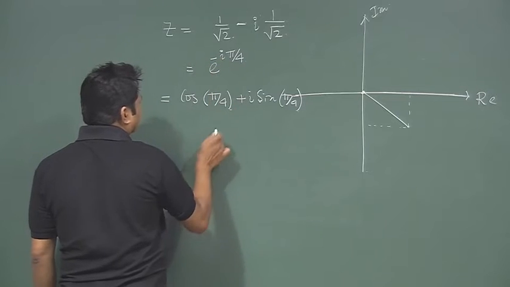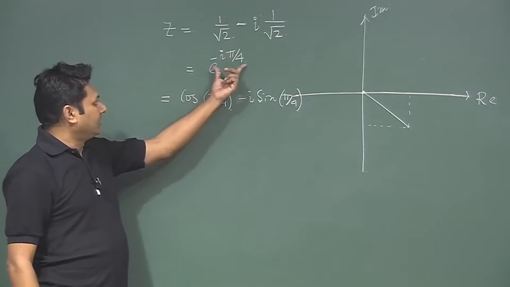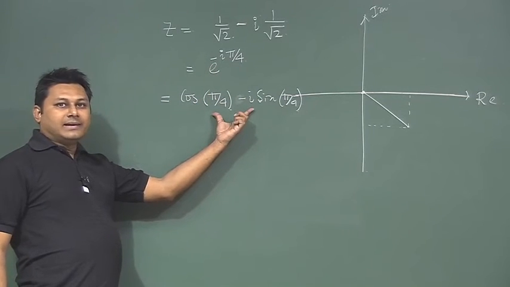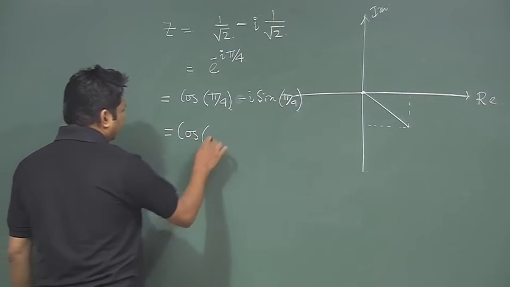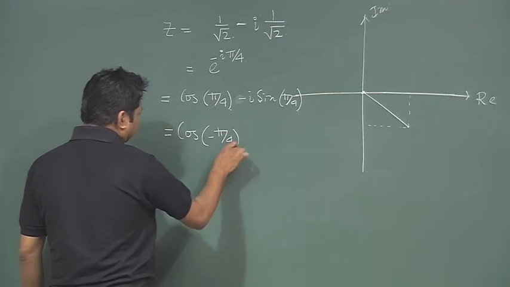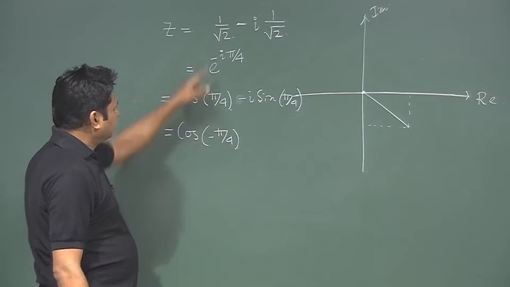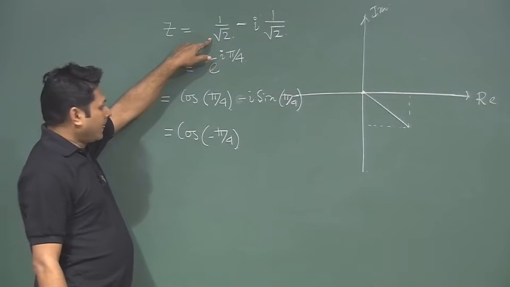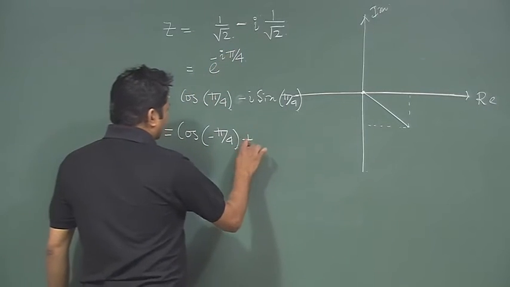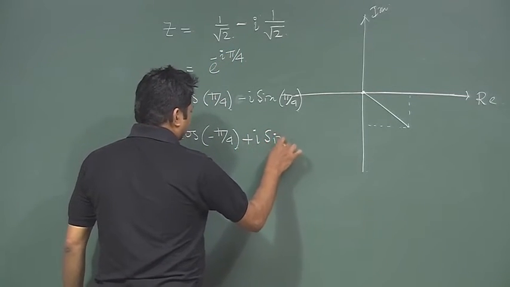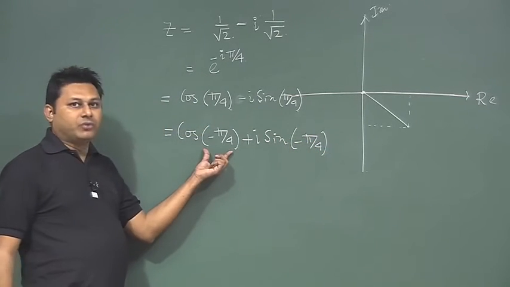I should put a negative sign here, so that this becomes negative. I can write this equation as cos of minus pi by 4. Cos 45 degrees means 1 by root 2, and sin 45 degrees is also 1 by root 2, but the negative sign I am taking care of this way, so that my theta becomes minus pi by 4.